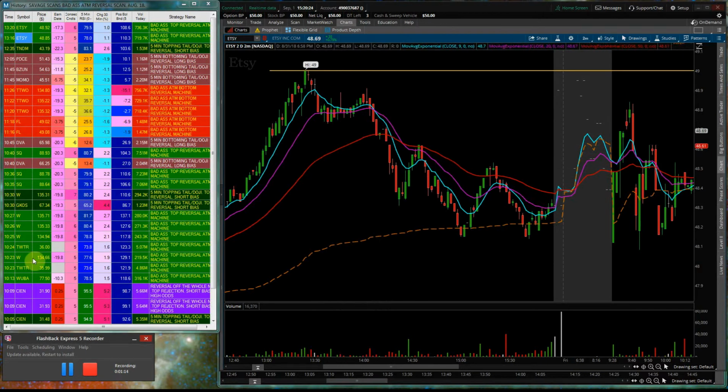And the idea of this scan is that it provides hits on stocks that have filled certain criteria that basically offers a high percentage chance of a reversal. Now, obviously, I'm not going to say what the criteria is; if you've bought the scans, you'll be able to look anyway.